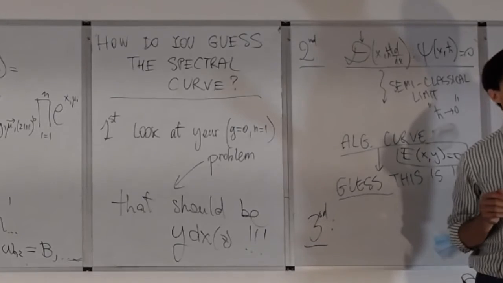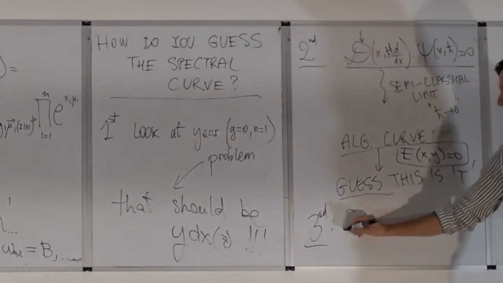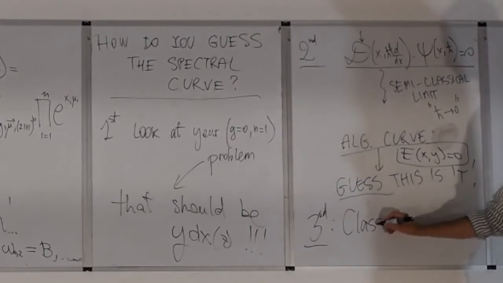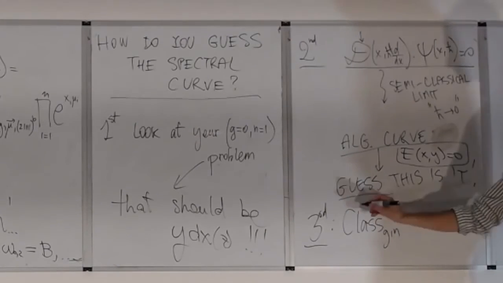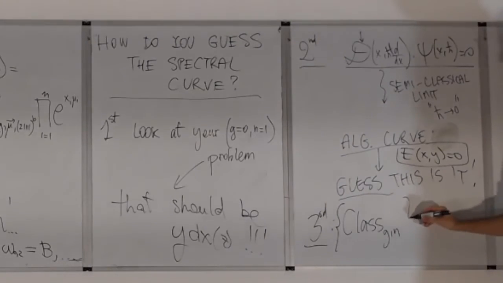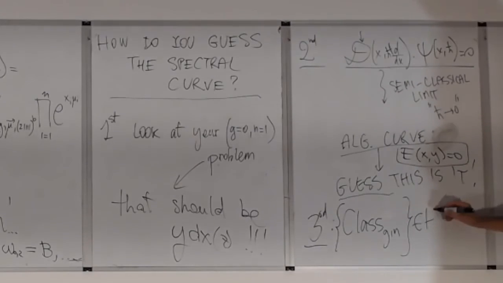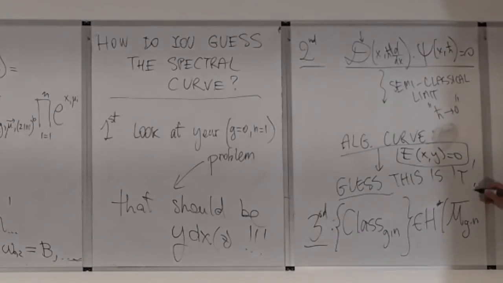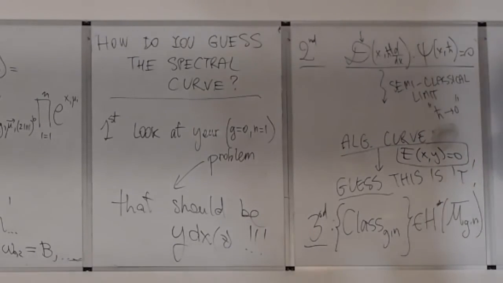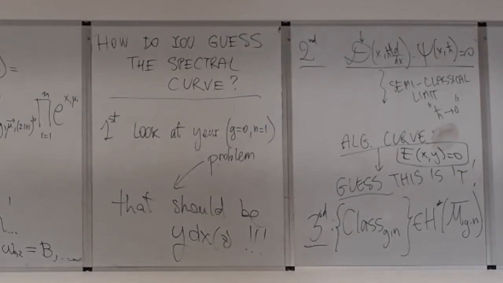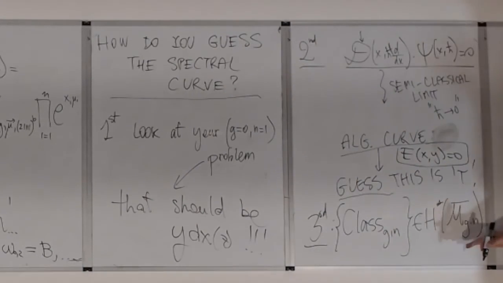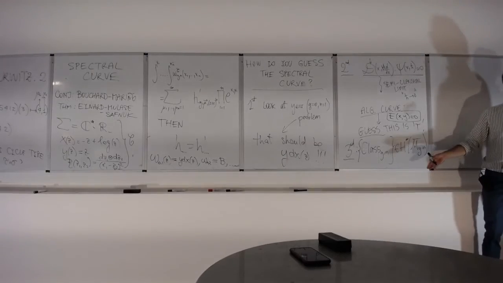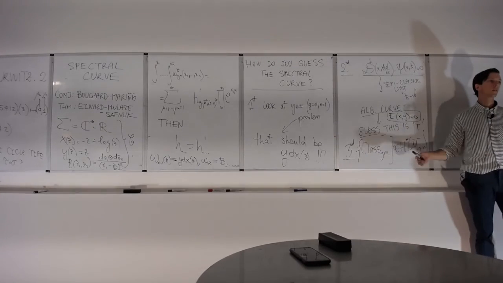And what is your third method? Suppose that you are solving some problem in a more algebraic geometric setting, and then you know that your numbers are integrals over the moduli space of curves of some collection of classes.